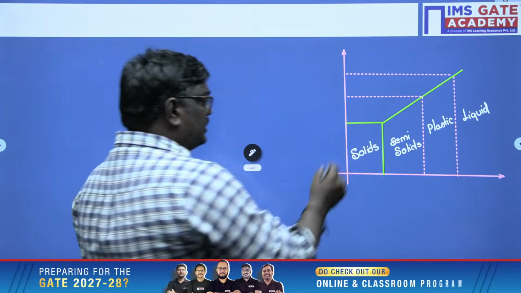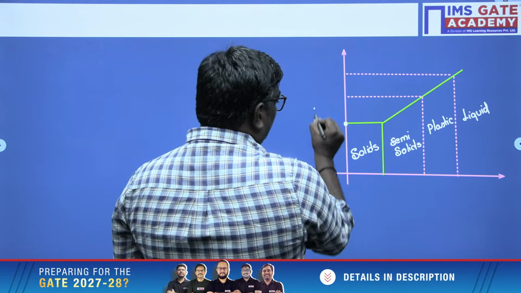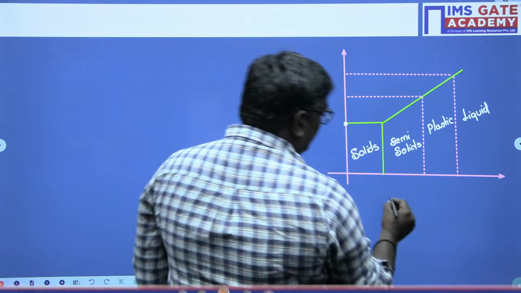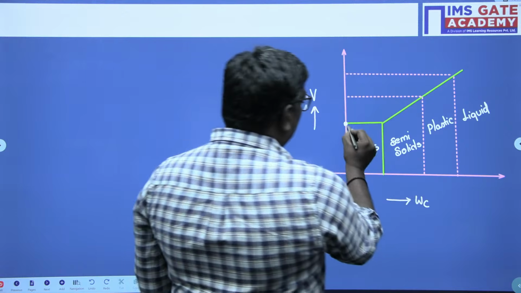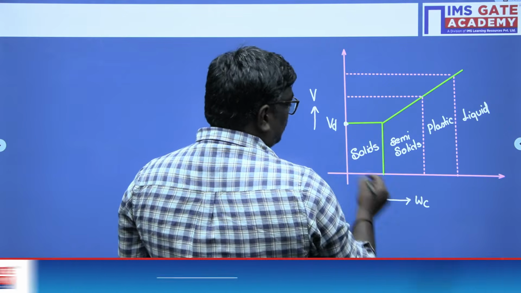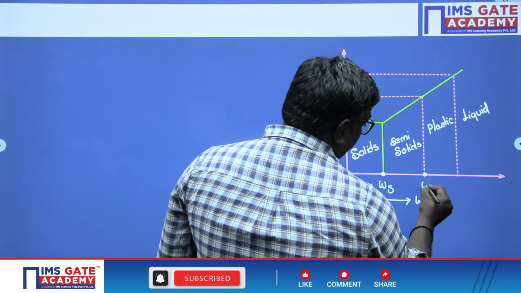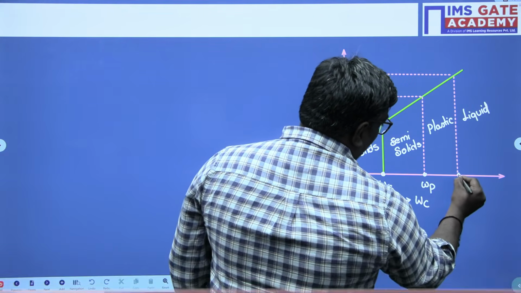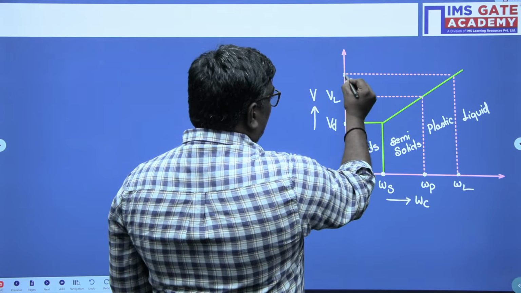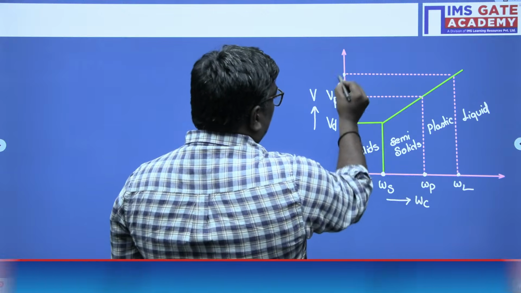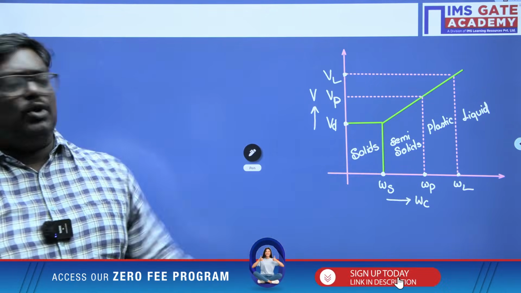It's a graph drawn between water volume and water content. So this is dry volume. This is called the shrinkage limit. This we call the plastic limit. And this we call the liquid limit. The volume at plastic limit is VP, and the volume at liquid limit is VL. So this is the thing you have to understand.